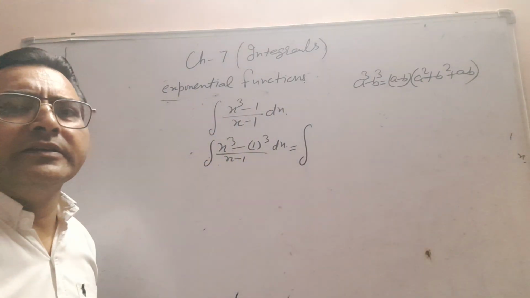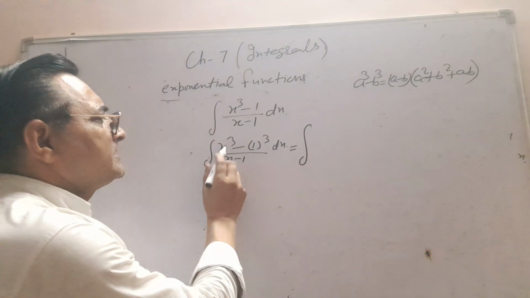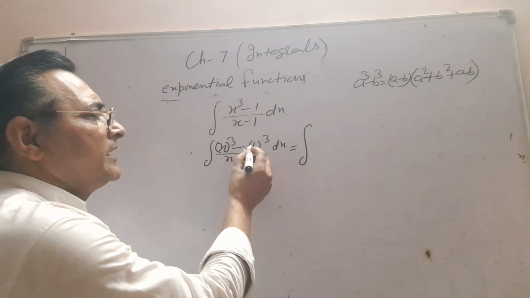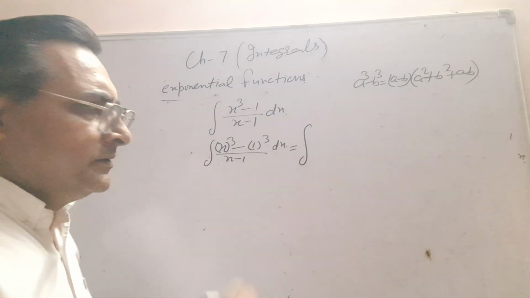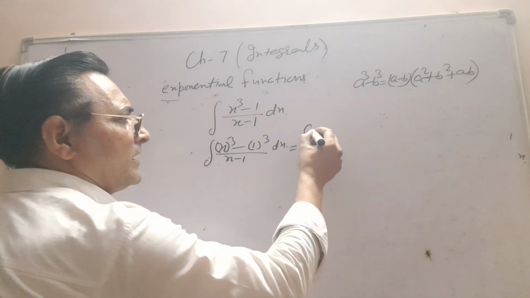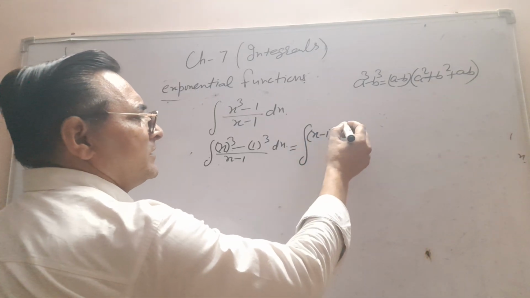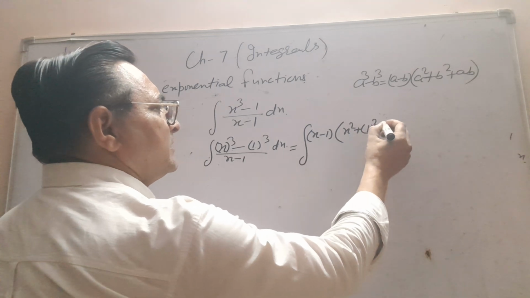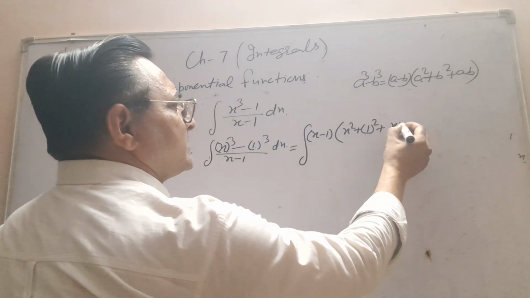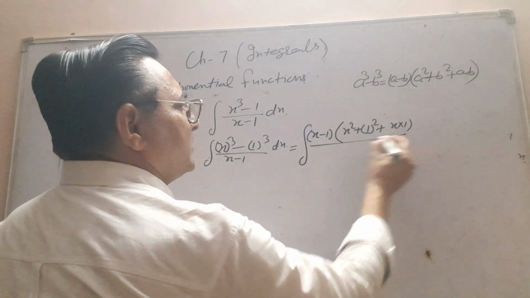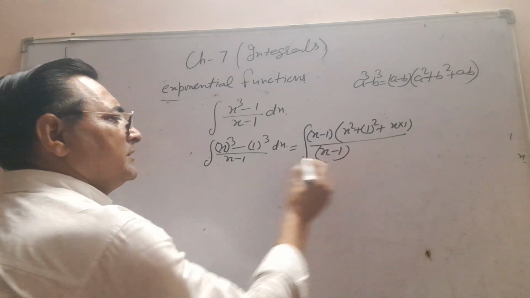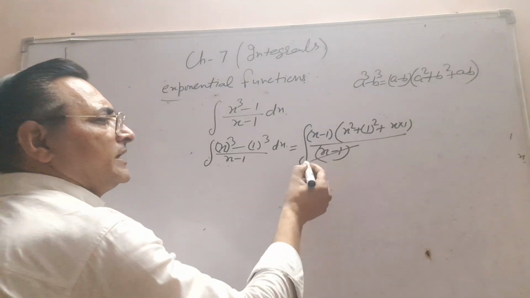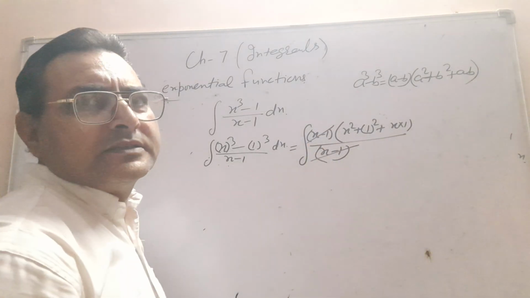In this case a is x and b is 1. So we can write x minus 1 into x square plus 1 square plus x into 1 upon x minus 1. This x minus 1 cancels with this.